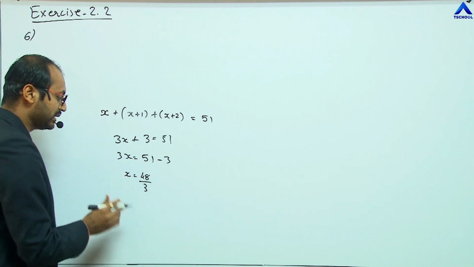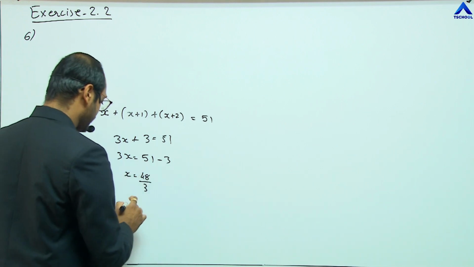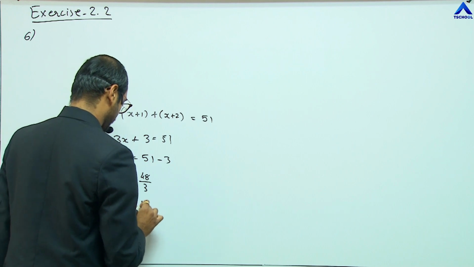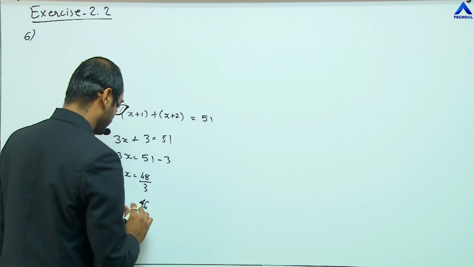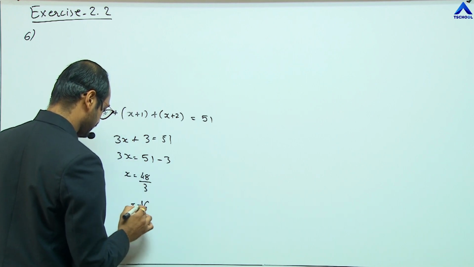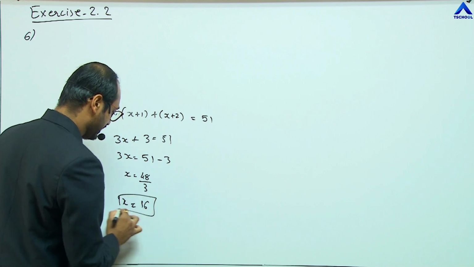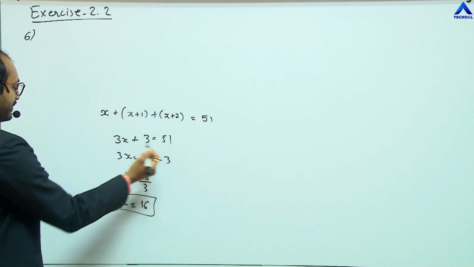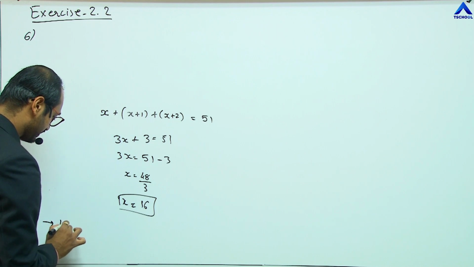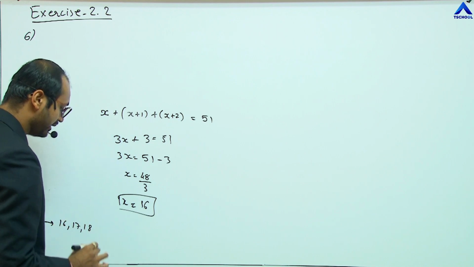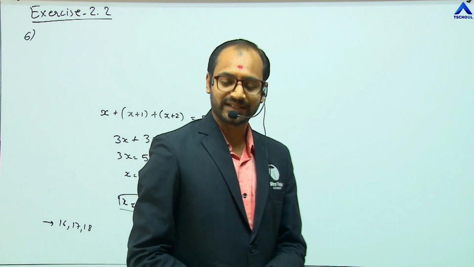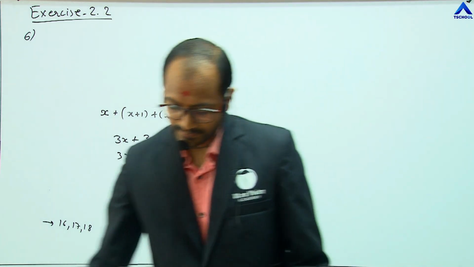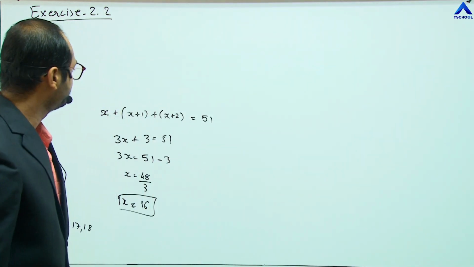Now by dividing by 3 on both sides, 16 3s are 48. So the first integer is 16. So the consecutive integers are 16, 17 and 18. Clear?